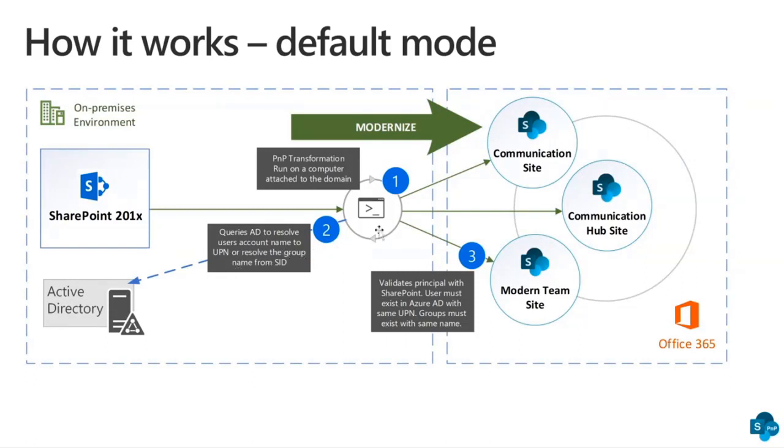Groups are typically represented as SIDs within SharePoint, so those will again query Active Directory to find their representative name. And then it goes to SharePoint Online, tries to resolve those principals that we've discovered from Active Directory, and makes sure they exist and that they can be replaced.